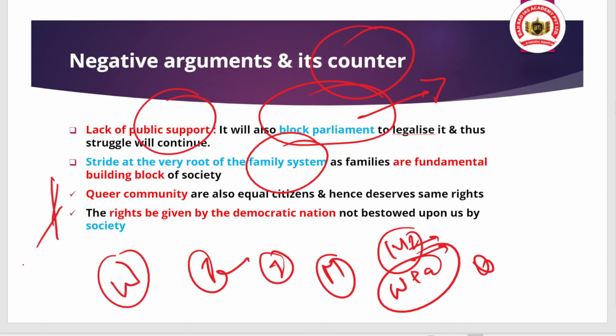But the counter argument is: you are talking about the family system, it's good, but the queer community also has Indian citizenship, so they also enjoy equal citizenship rights and deserve the same rights. When we talk about giving them the same rights, the rights should not come from society, they should come from a democratic nation, from the Constitution that promotes equality. So why are you saying that the right should have approval from society? That is the counter argument raised in this article.